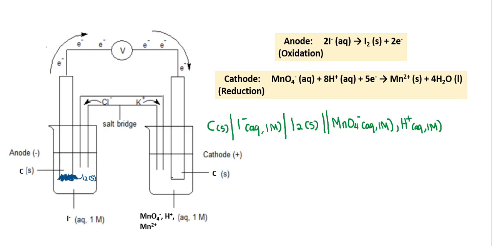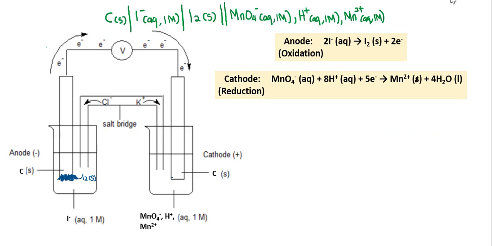Again the same phase, comma, Mn2+ aqueous 1 molar. I'm so sorry, this is not solid, it is aqueous. And then we have H2O, so from aqueous to liquid. So H2O, liquid, and then we have our graphite electrode. So remember the stoichiometric coefficient is not written in our cell notation.